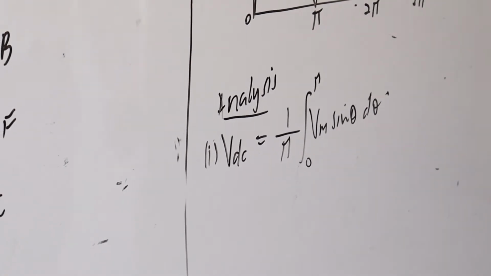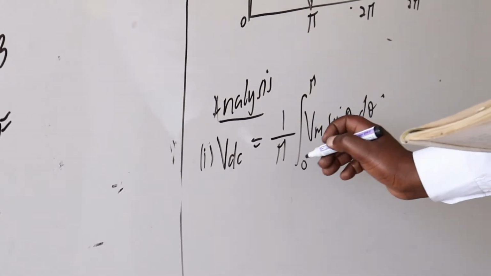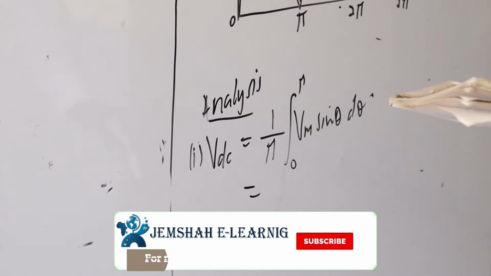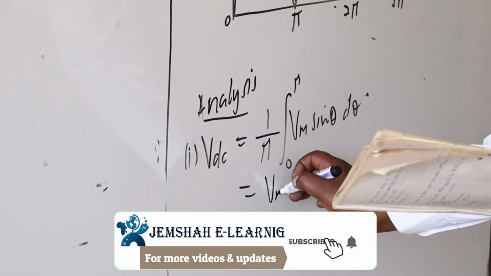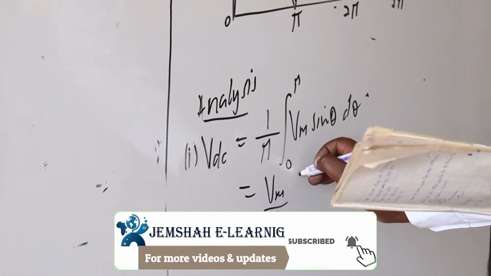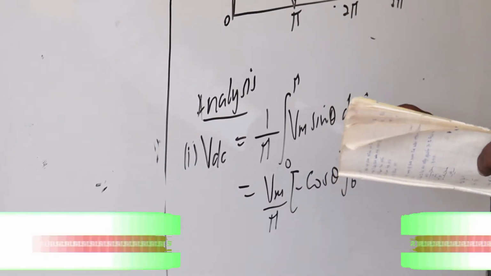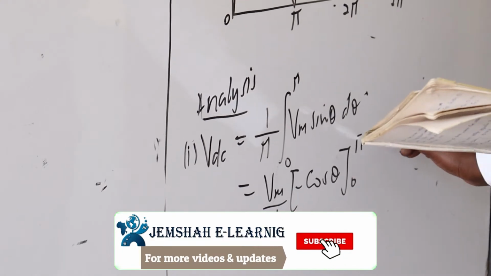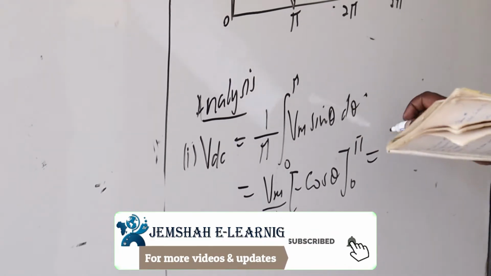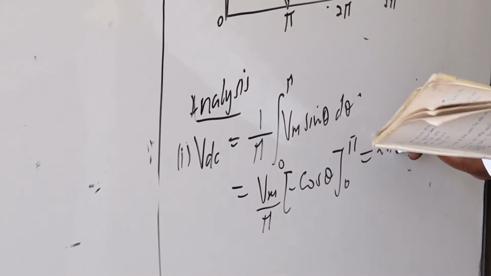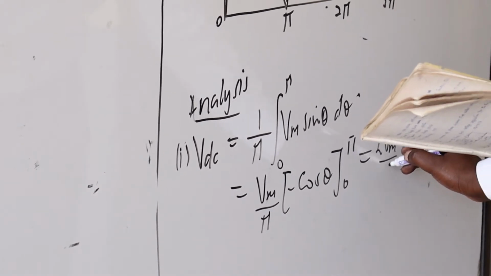So whereby this will give us Vm all over pi into negative cos theta from 0 to pi. If you simplify this, you get 2Vm all over pi.